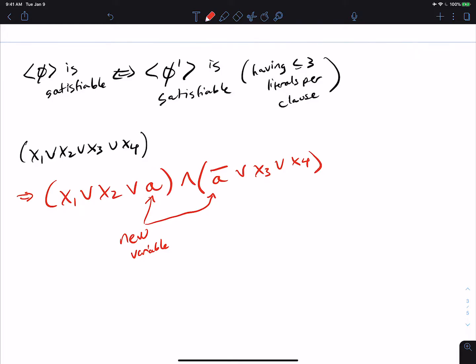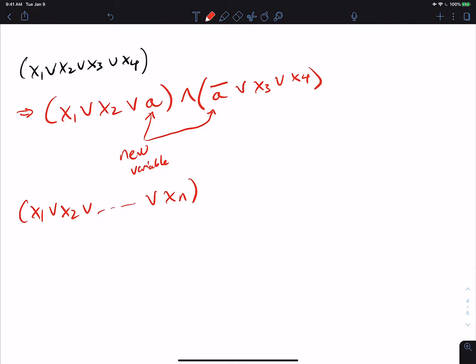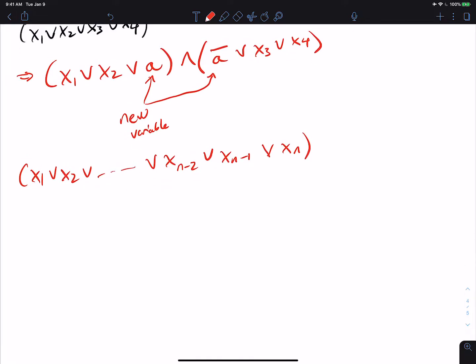And then what do you do if we have more? Let's say we have x1 or x2 or a lot of literals in the clause. Actually, I'm going to make it a little longer so we can see some of the variables: x1 or x2 up to xn minus 2 or xn minus 1 or xn. So what do we do?